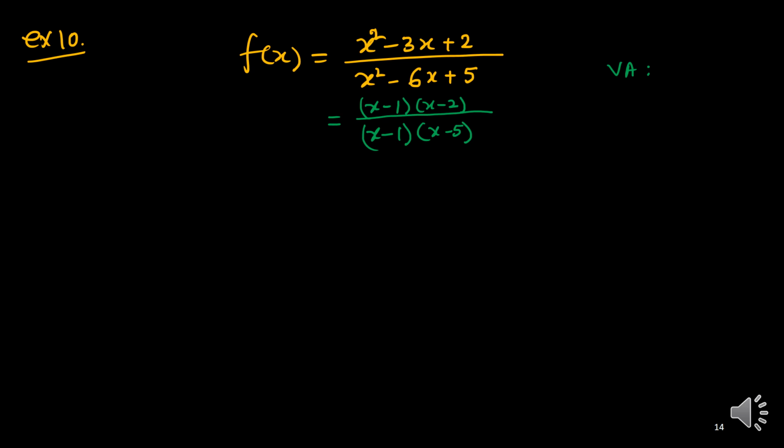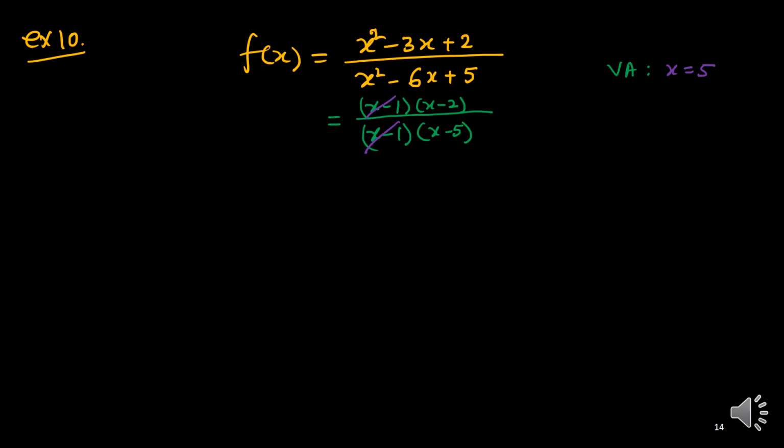Now you can see one important thing here. This x minus 1 is getting cancelled out. It is present in both numerator and denominator. So the meaning is that x equals 1 cannot be a vertical asymptote. So the vertical asymptote is only x equals 5, not 1.